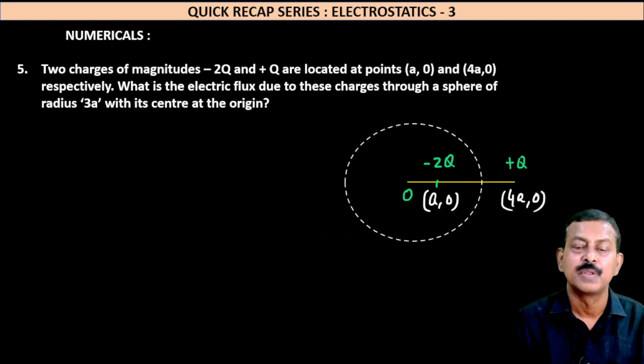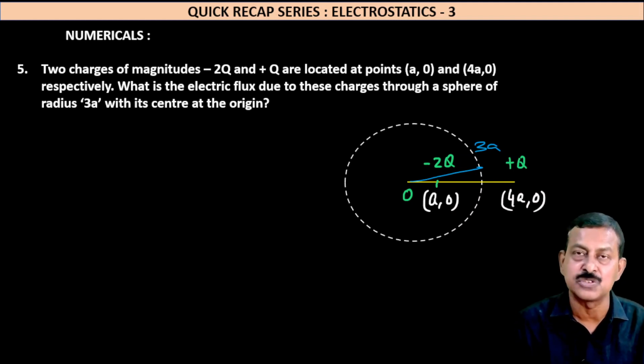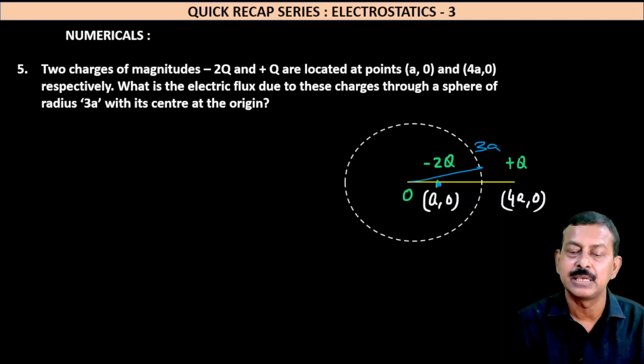For this, suppose this is the sphere whose radius is 3a. We have to find what is the flux passing through this sphere. And the charges: one is located here, that is minus 2q at a distance a from the origin, and the second one is at a distance 4a.